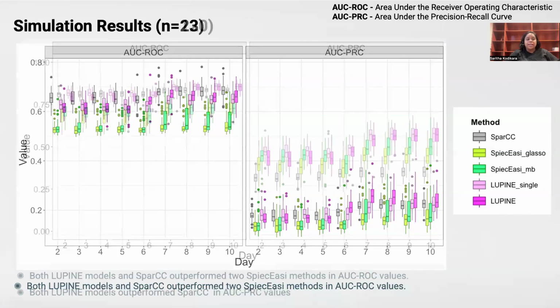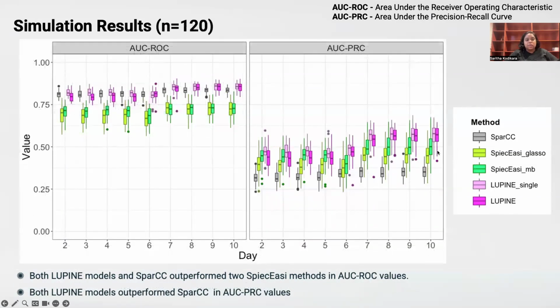But when we increase the sample size, what we see is that the two Lupine methods gain more in the precision recall curve.